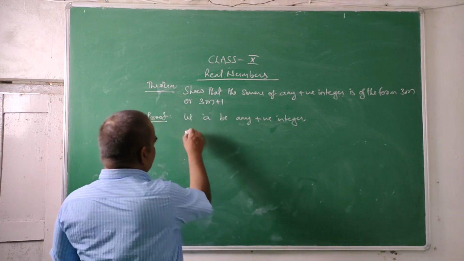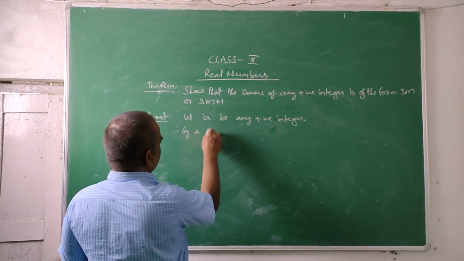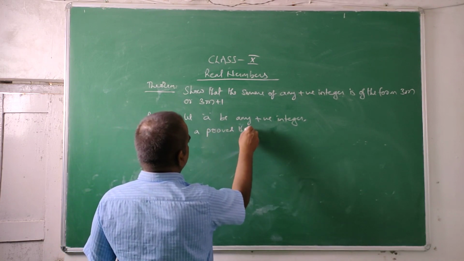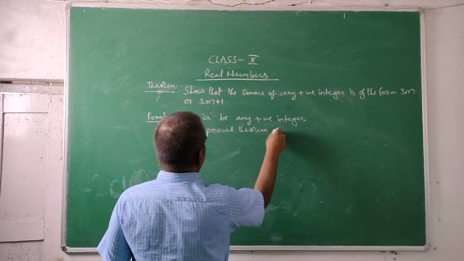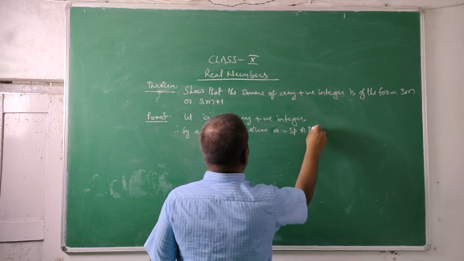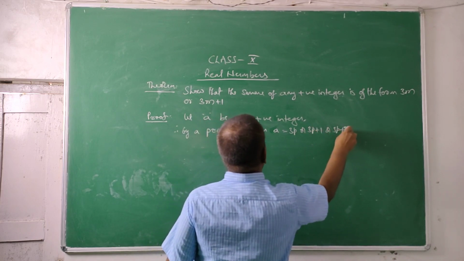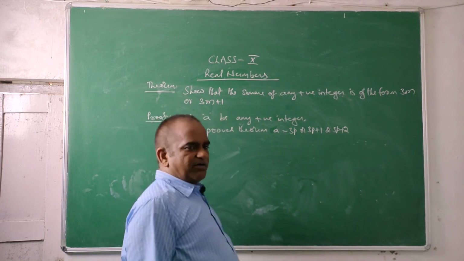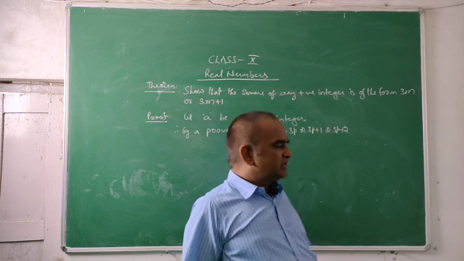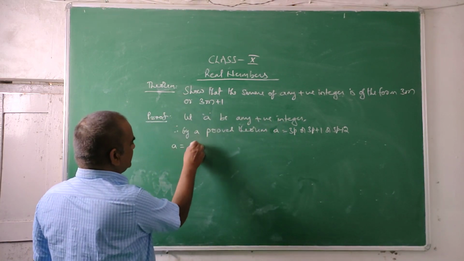So by the proved theorem, a is equal to 3p or 3p plus 1 or 3p plus 2. Any positive integer is of the form 3p or 3p plus 1 or 3p plus 2. Just now we have proved. So now let us take a as 3p in case 1.